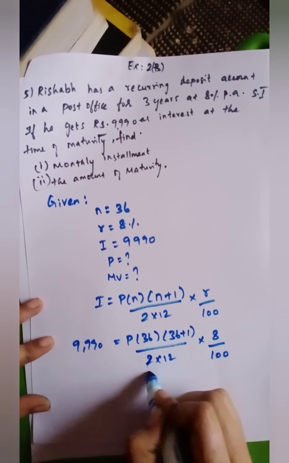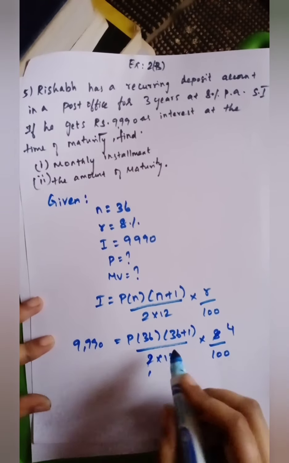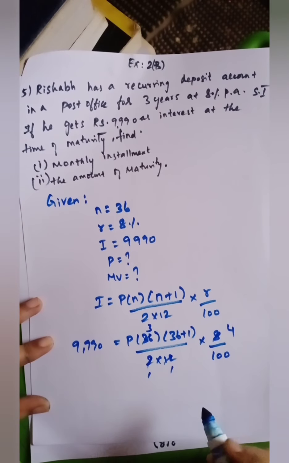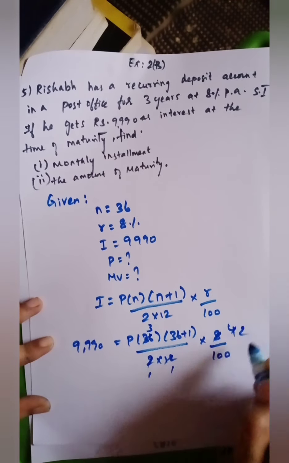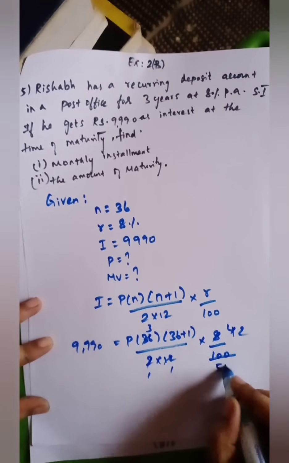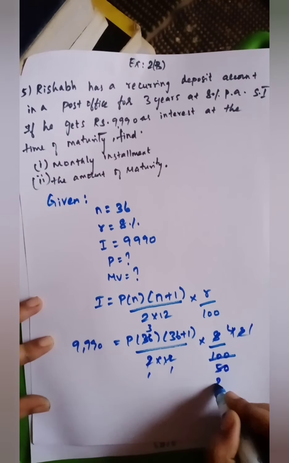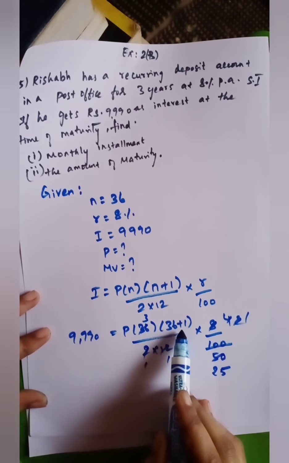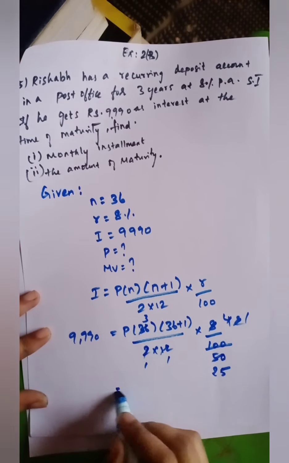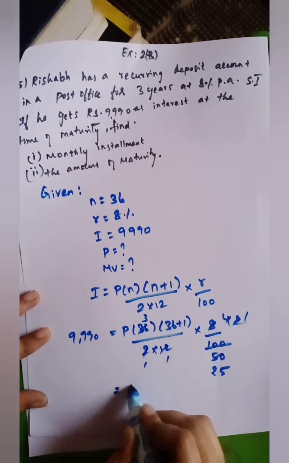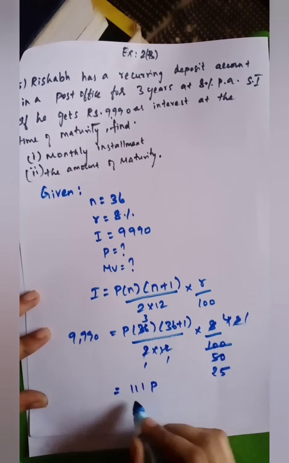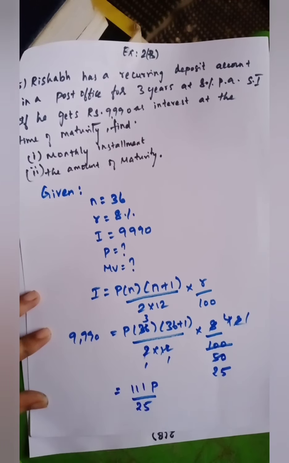So 2 ones are 2, 2 fours are 8, 12 ones are 12, 12 threes are 36, and 2 twos are 4, 2 50s are, 2 ones are 2, 25s are. So 36 plus 1 is 37, 37 into 3 equal to 111. 111p divided by 25.